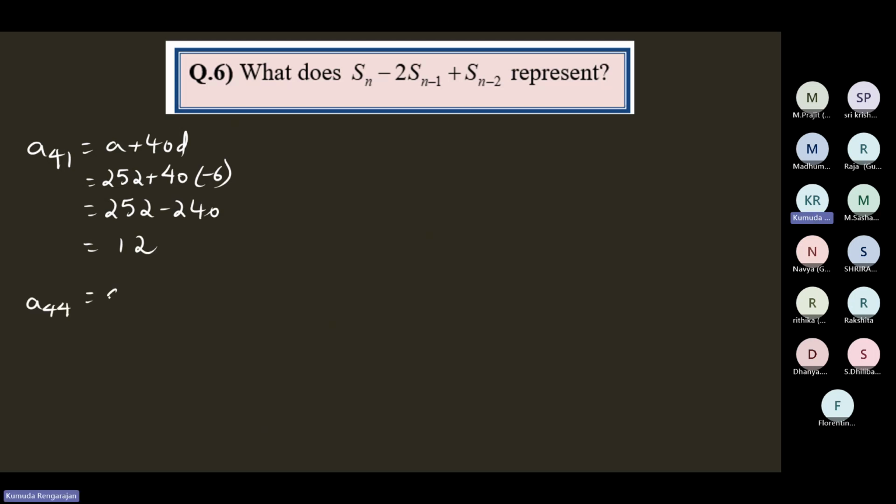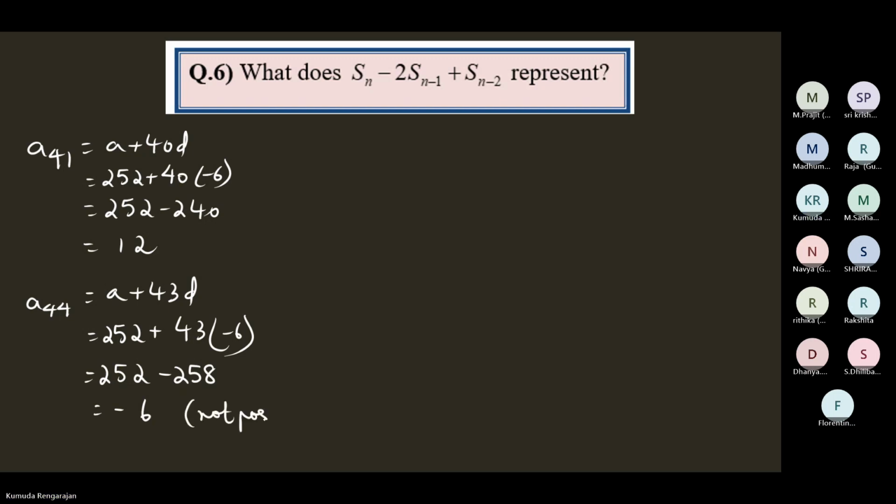A44 is equal to A plus 43D. 252 plus 43 into minus 6. 252 minus 258, which is minus 6. So not possible. Minus 6 logs cannot be arranged in the 44th row.